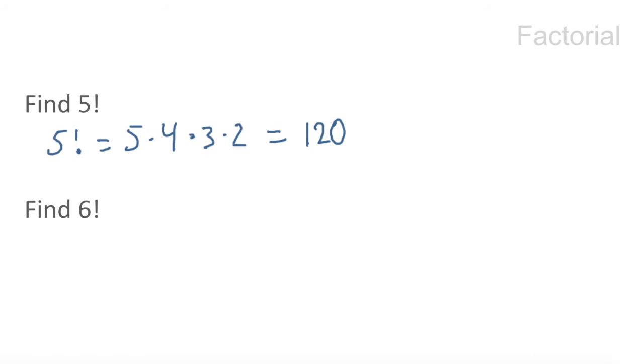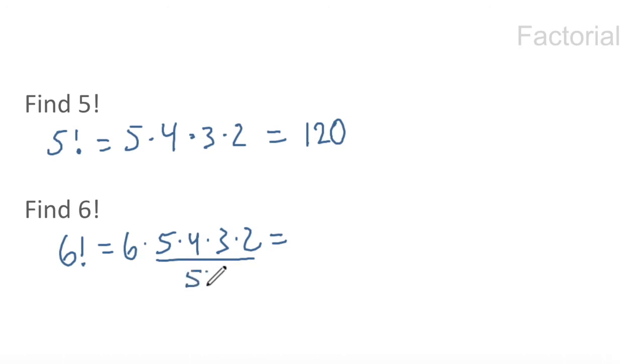Now let's figure out 6 factorial. Well, 6 factorial is equal to 6 times 5 times 4 times 3 times 2, which is the same as, see, this here is 5 factorial, right? So it's really 6 times 5 factorial.